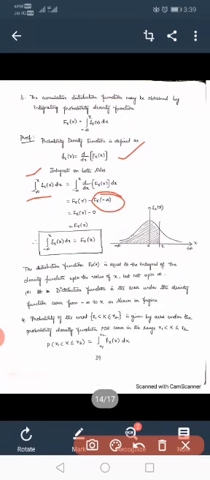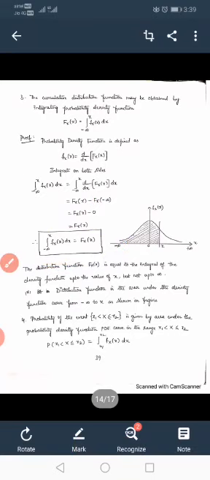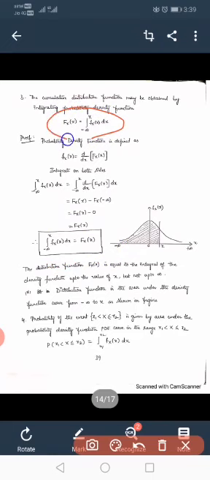From the property of the distribution function we know this value is 0. So the remaining one is F_X(x). So the integral from minus infinity to x of the density function is equal to the distribution function. That means integration of the density function is the distribution function.